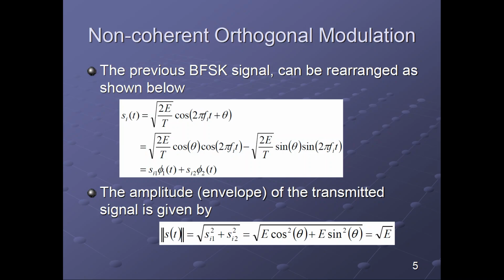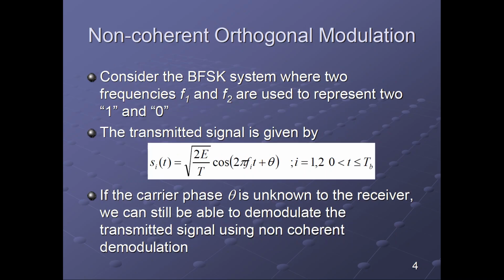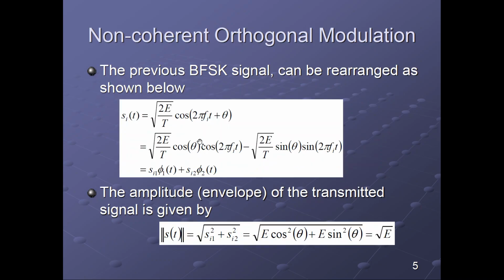The previous binary frequency shift keying signal can be rearranged as follows. Cosine(A plus B) is equal to cosine A cosine B minus sine A sine B. So we put it in this form, replacing A and B with the actual values, theta and 2 pi f_i t. And then you end up having the basis functions, phi 1 of t and phi 2 of t. What's phi 1 of t here?